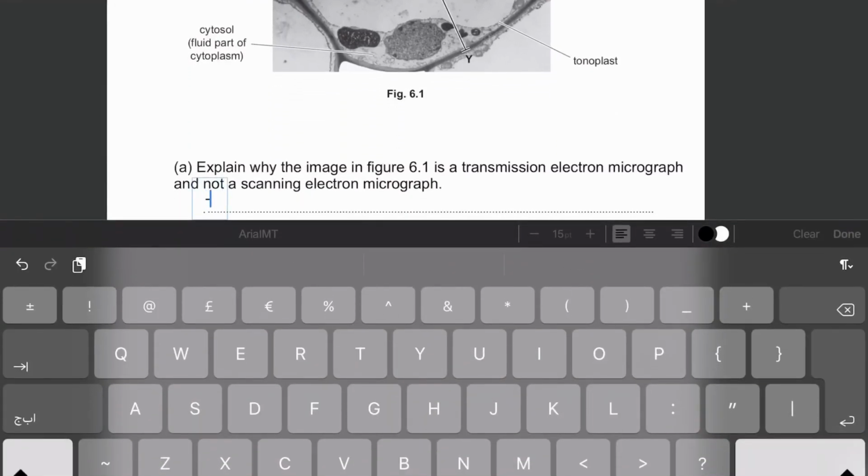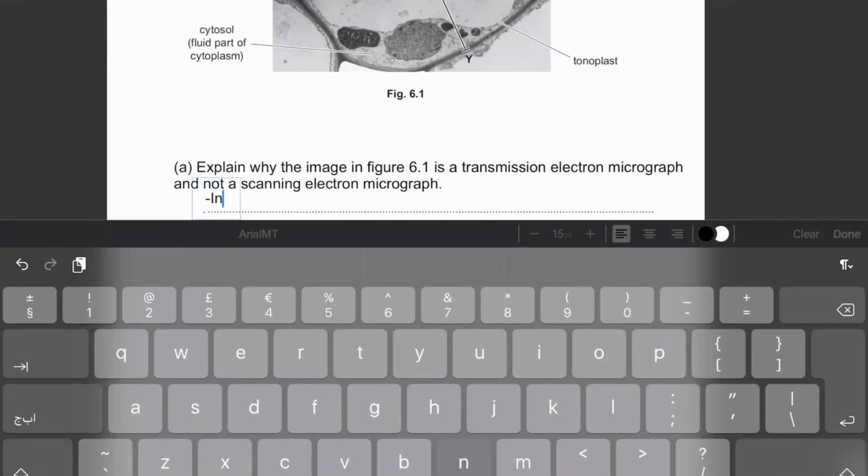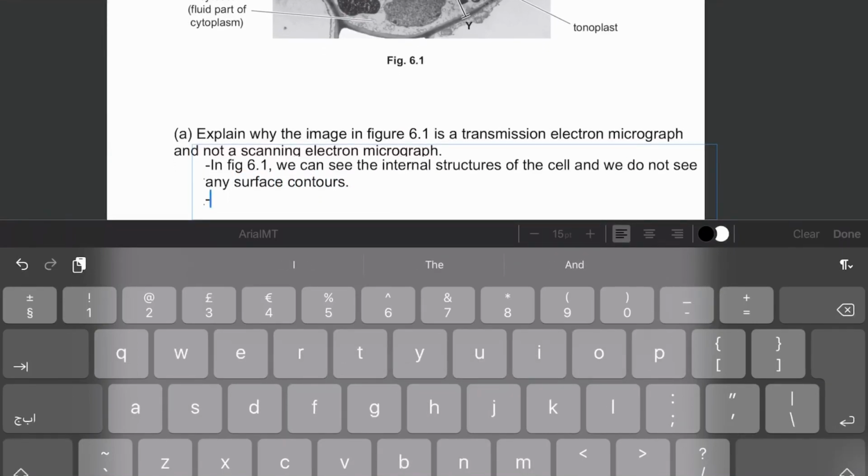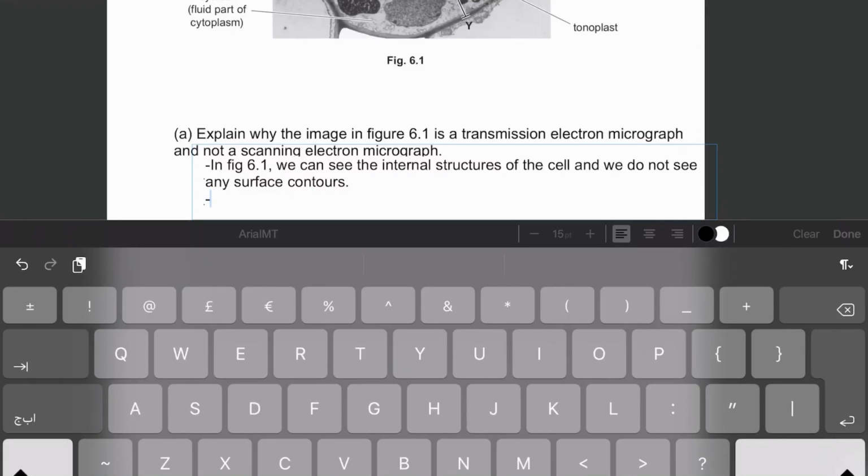So we will write that in figure 6.1 we can see the internal structures of the cell and we do not see any surface contours, right?